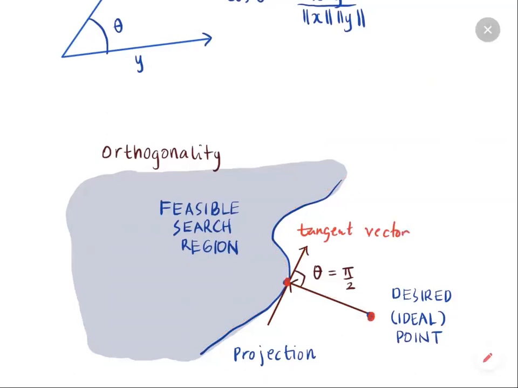And that is the idea of projection. So take note here that we need the concept of an angle. In this case, the projection has a 90-degree angle with respect to the tangent to the curve at the closest point. So that is orthogonality, or in 2 dimensions, perpendicularity.